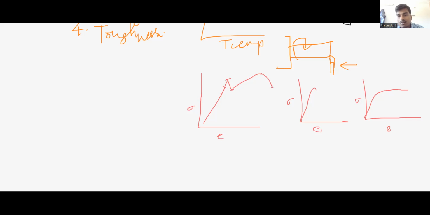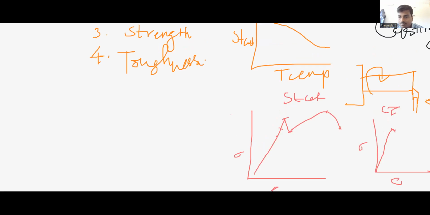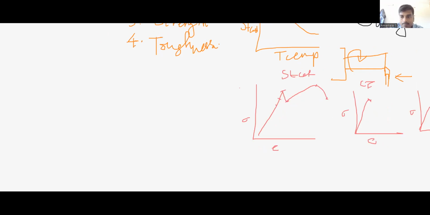In the stress strain diagram for cast iron, you have the ultimate point and breaking point; in most cases they coincide. This is the stress strain diagram for aluminum, and here it has a separate yield point, ultimate point, and breaking point.